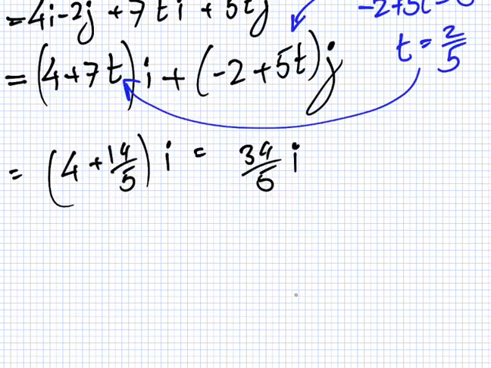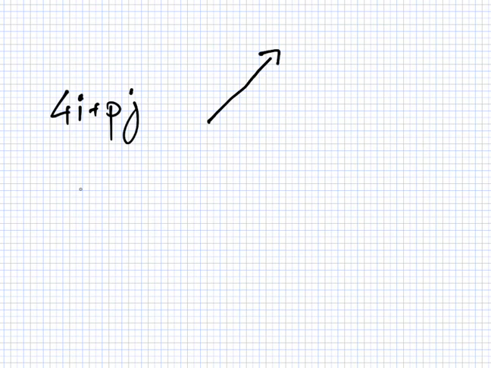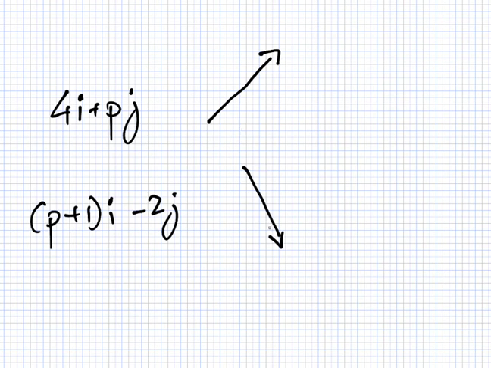Yep. So in 17, I say 4i plus pj is perpendicular to (p plus 1)i minus 2j. So I say these two vectors are perpendicular. Now let me show you a very smart way to do it.